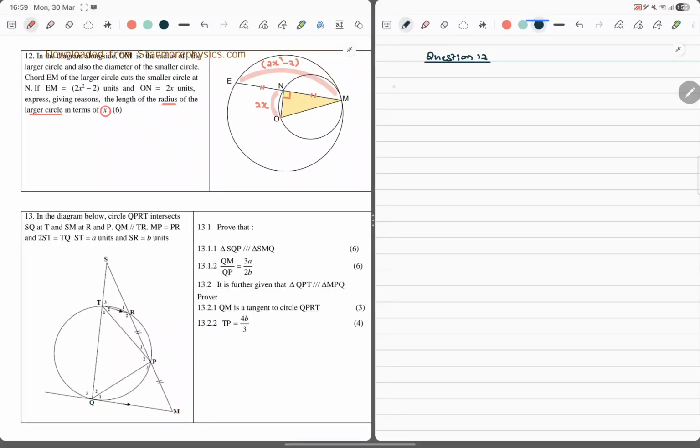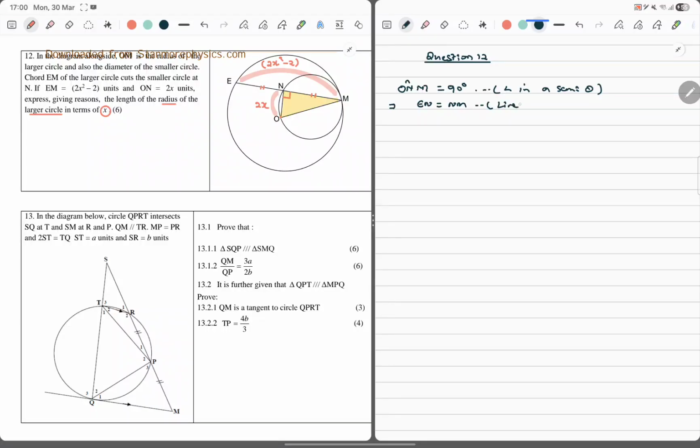First and foremost, we can just say ONM is 90 degrees, right? What is that? This is the angle in a semicircle, right? That's the valid reason for that. And this implies that essentially EN is equal to NM.